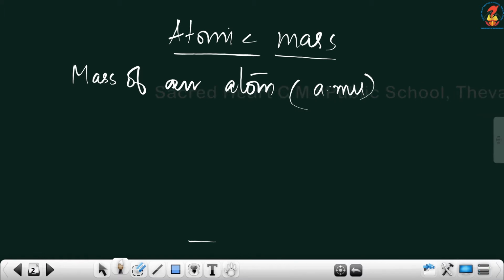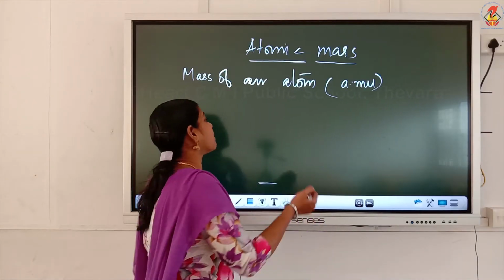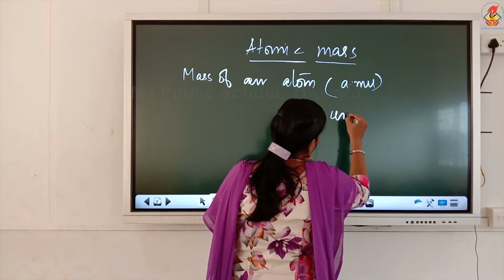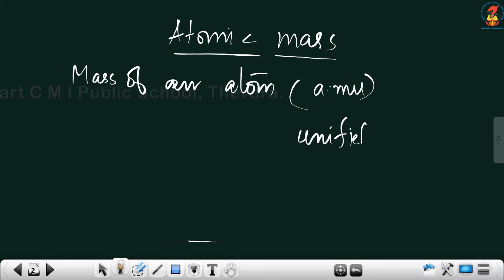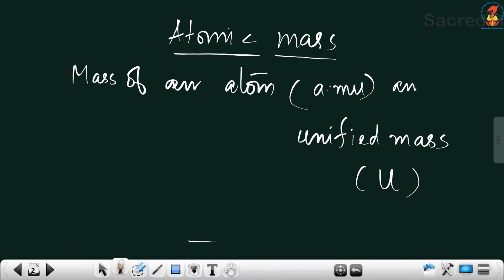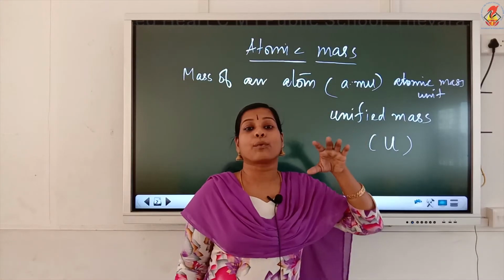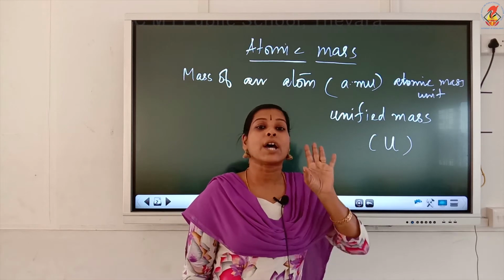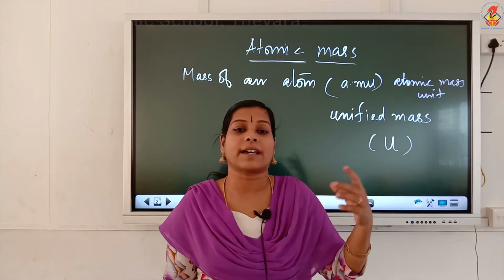But in the present time it was replaced by unified mass, written as U. Here it is the atomic mass unit, written briefly as AMU, and nowadays the unit used for measuring atomic mass is unified mass U. So both are used in your textbook.